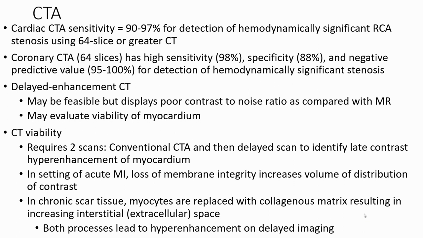It may evaluate viability of myocardium. CT viability requires scanning conventional CTA and then a delayed scan to identify late contrast hyperenhancement of myocardium. In the setting of acute myocardial infarction, there is loss of membrane integrity and increased volume of distribution of contrast.